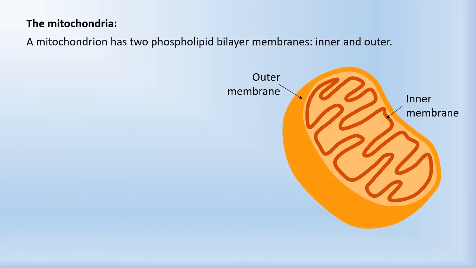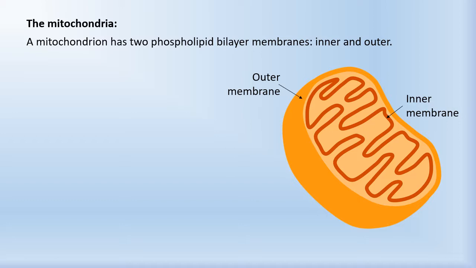A mitochondrion, that's the singular term for mitochondria, plural, has two phospholipid bilayer membranes, an inner and an outer. Both of these membranes are the same type of membrane as the plasma membrane and all the other organelles. Look at the picture.